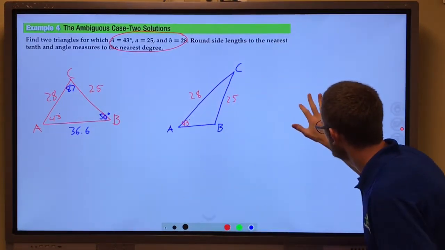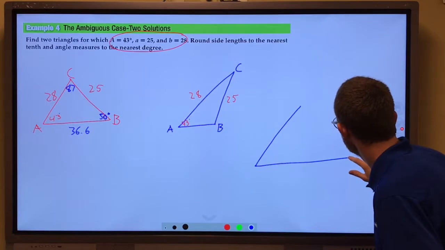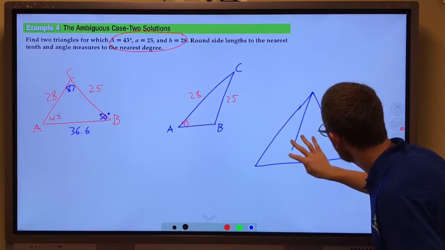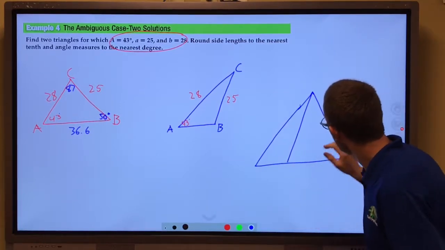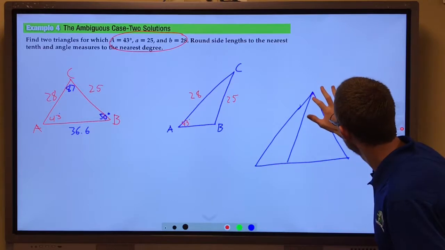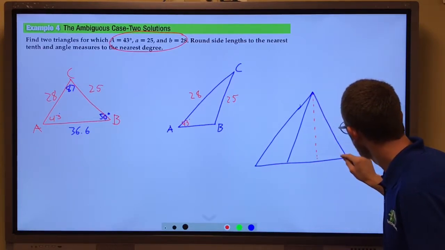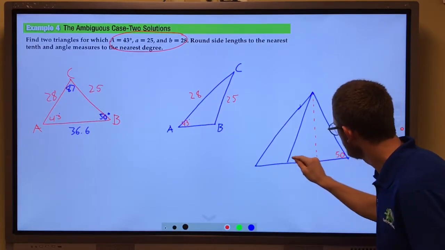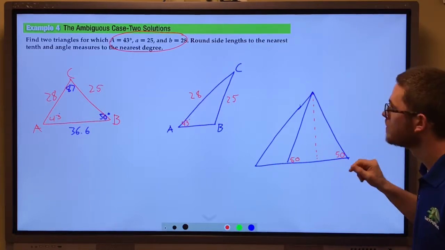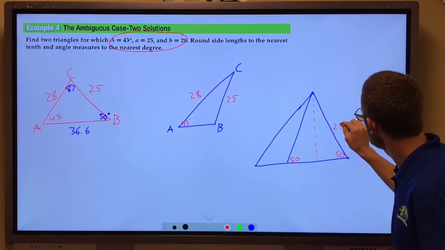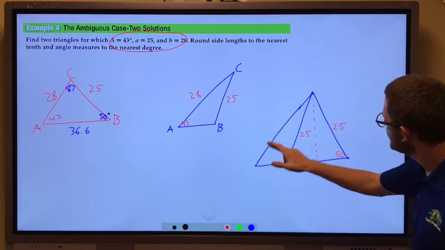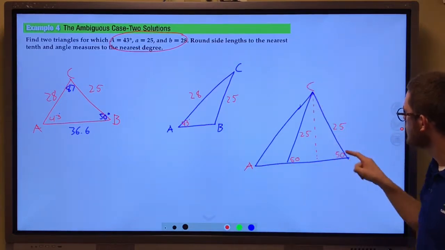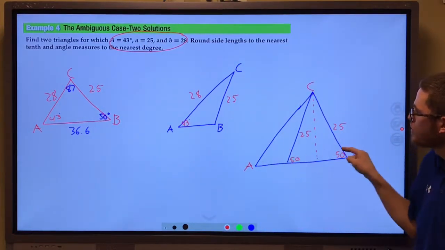Basically, here's the grand scheme of things. Here's our two possible triangles. We have this big one here, where this is angle A, this is angle C, here's angle B. That was the first one we worked through.